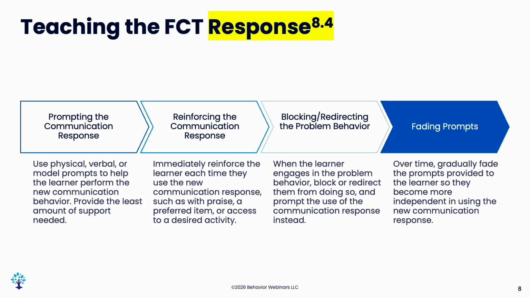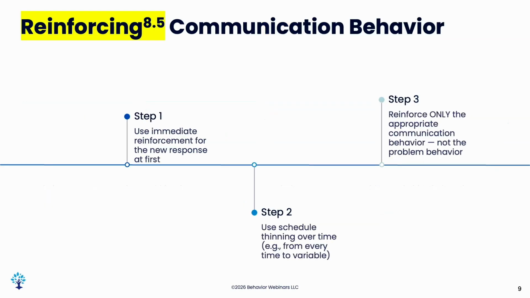Over time, gradually fade prompts so they become more independent using the communication response. When you reinforce, immediately reinforce the new response at first. Every single time they engage in that response, you reinforce it. Then you want to thin that schedule. You'll go from continuous reinforcement to one of those other four schedules I talked about, and you're going to reduce the amount of reinforcement they get.